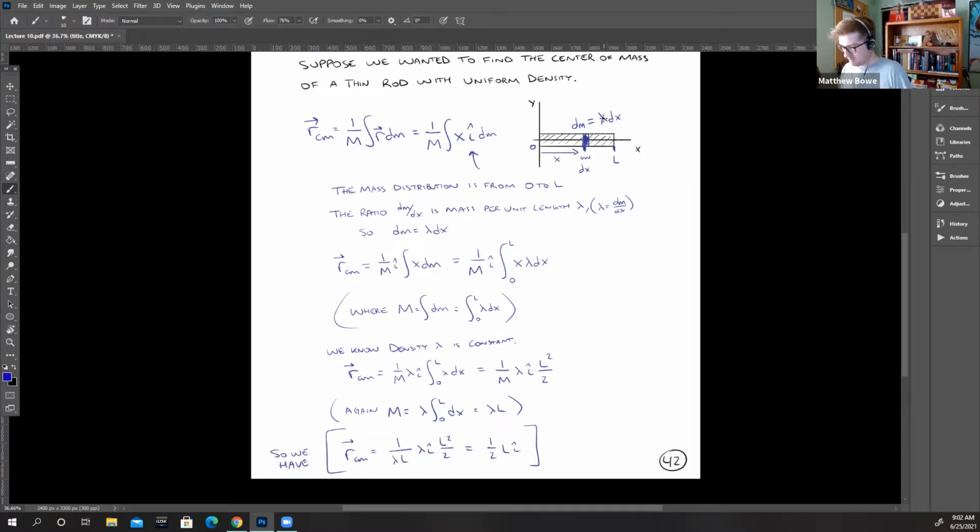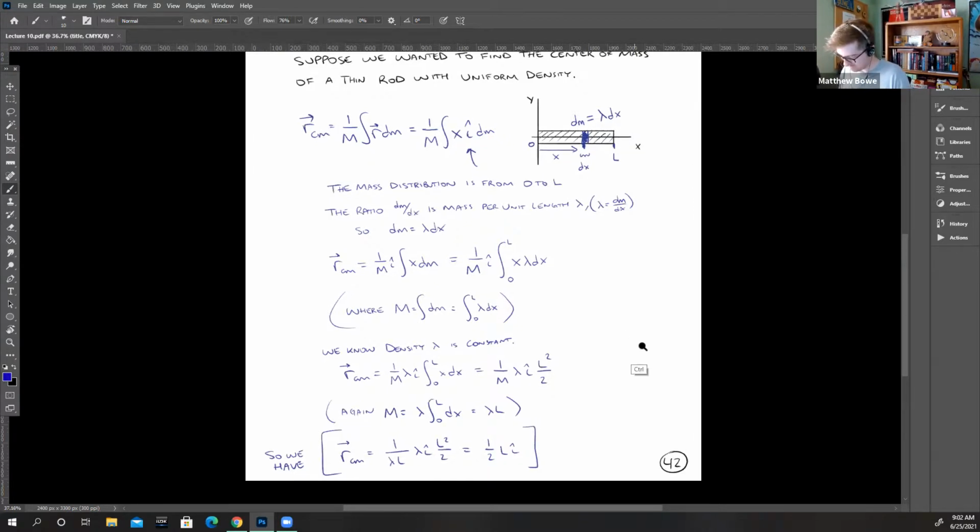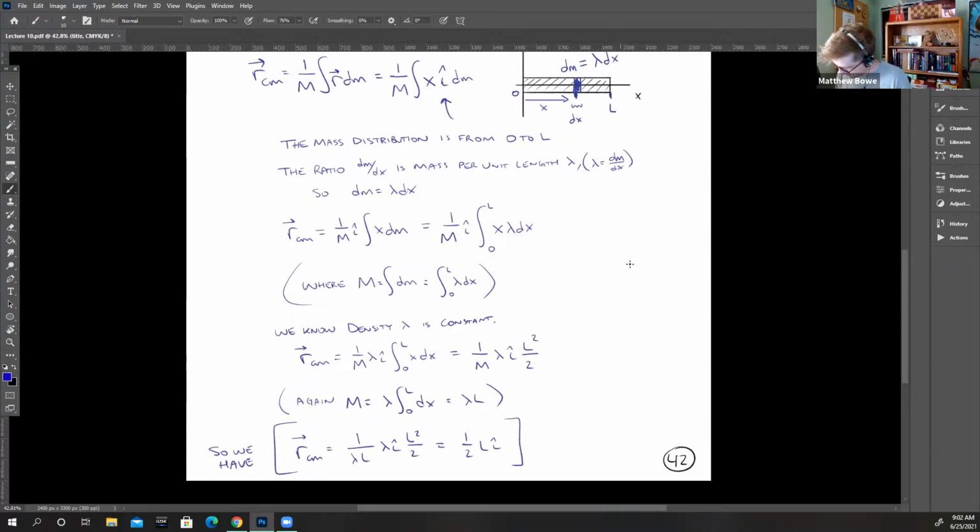Okay, so that's me bringing you to the gate where integration is used for finding the center of mass of some object. There's an example in the book that goes right after this step. The next step in the book is to find the center of mass of a uniform density rod, but it's shaped like this.